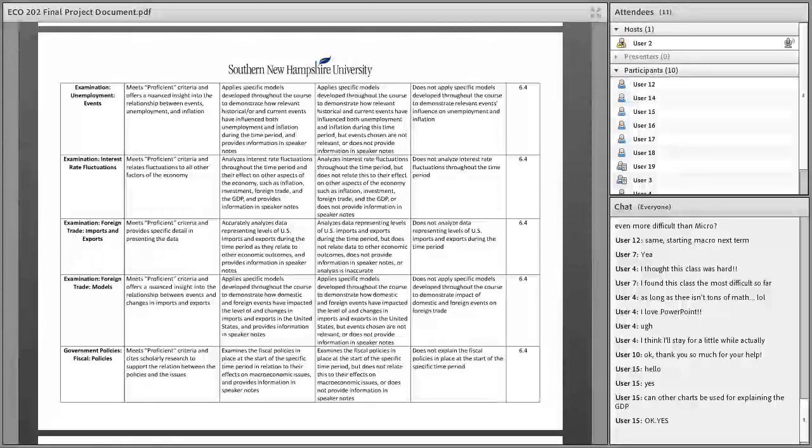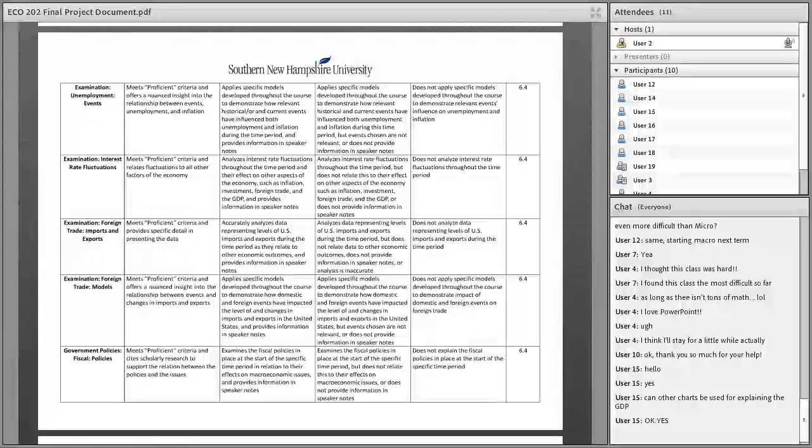And also just relate those trends to economic outcomes. So why was there a change in import and export during your decade? What was happening in the US, or what was happening outside of the US that affected import and exports?